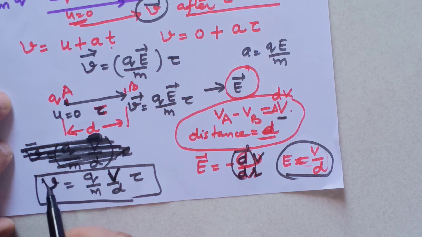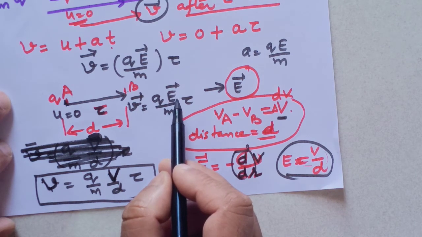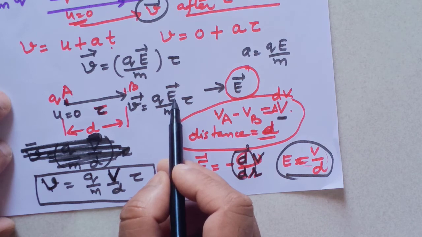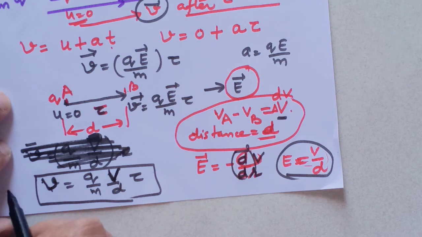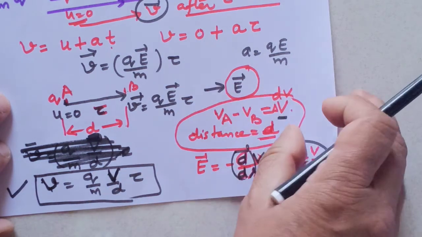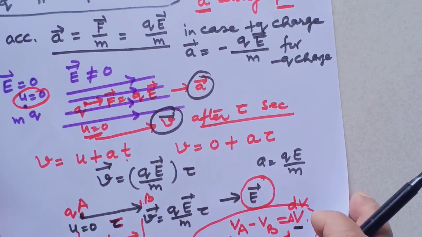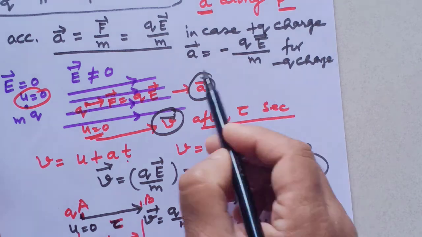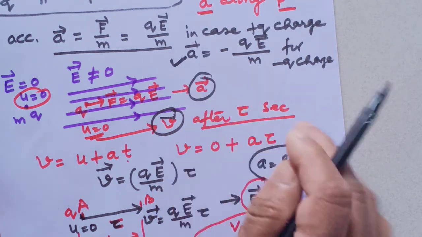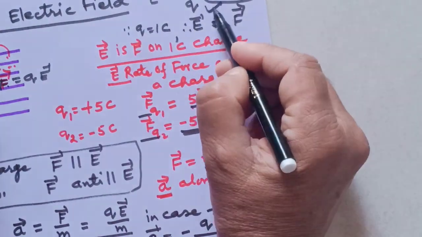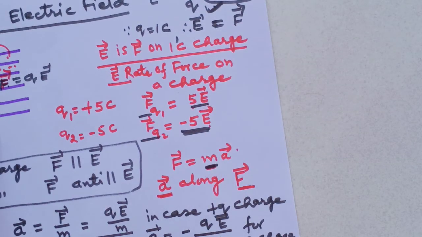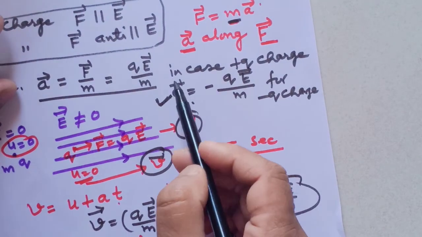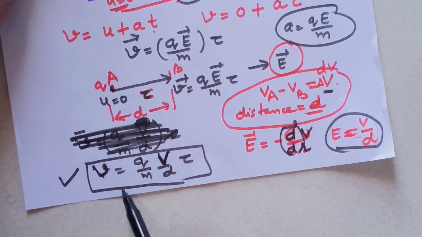This velocity is along the direction of the field. So this is the velocity we have found here. We also calculated the acceleration: the force is along this direction, the acceleration too, and finally the velocity.